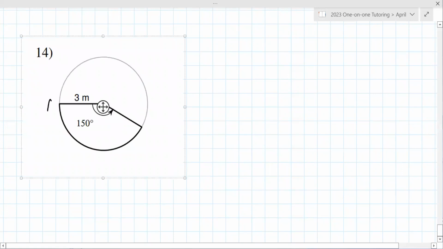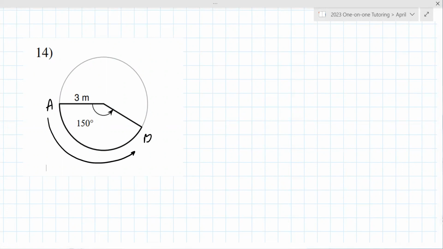So I want the arc length from A to B. Go ahead and work that out and let me know what you come up with. 7.8.